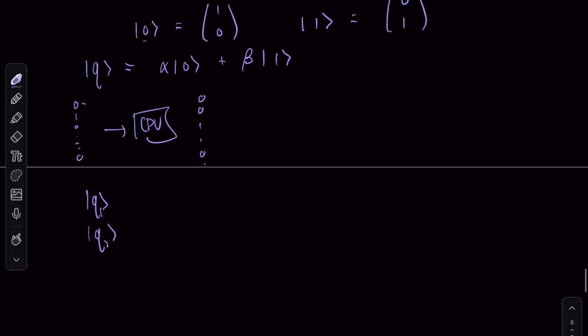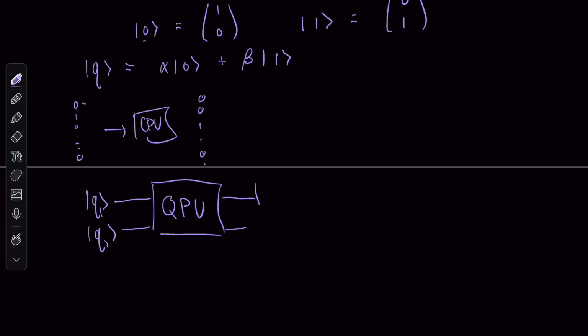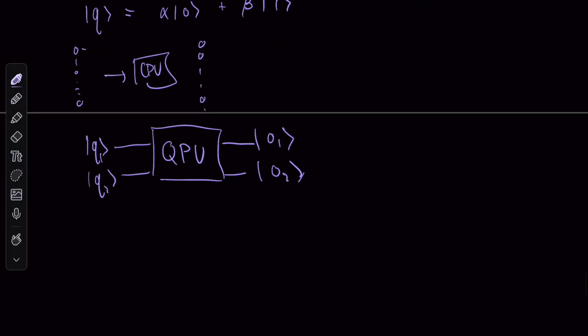The goal of quantum computation is to design a circuit, I'll call it a QPU, such that your output bits give you some information or compute something nice for you. This video series is going to go over different algorithms in quantum computation. In the next few videos, we're going to take a look at some very basic quantum gates that we can apply to our qubits, and also go over some of the restrictions that arise when you're working with quantum computation rather than classical computation.